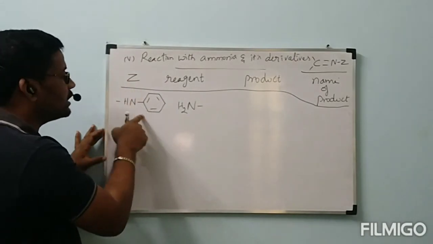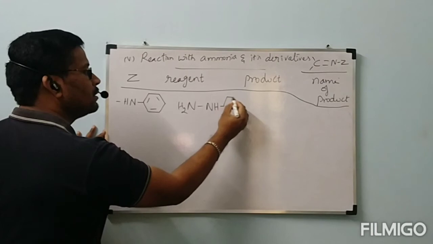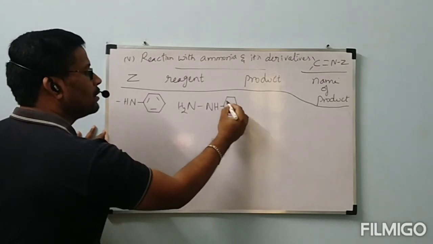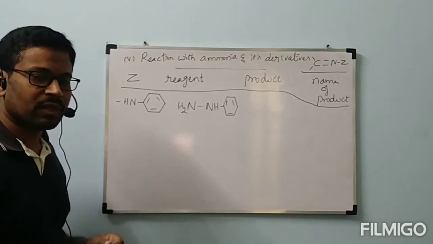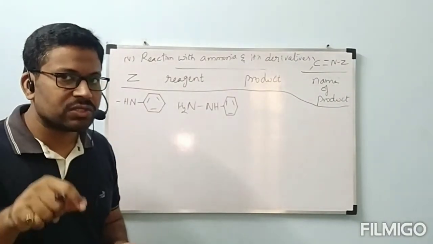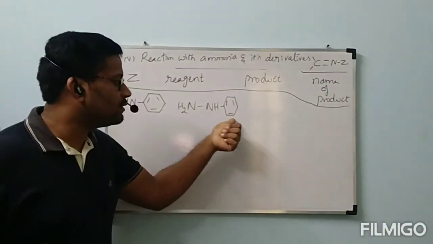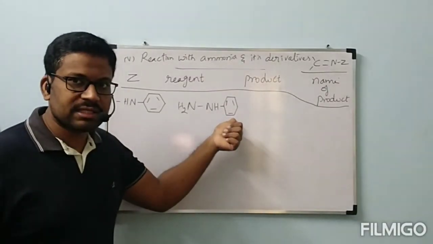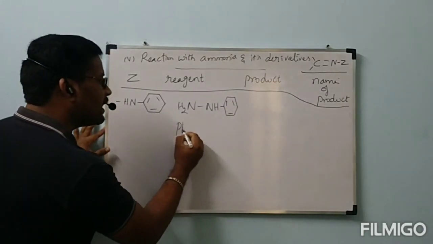Sorry, NH, this one, NHC6H5. This is like hydrazine. NH2NH2 is called hydrazine. In that, instead of hydrogen, we have phenyl group. That's why this name is phenylhydrazine.